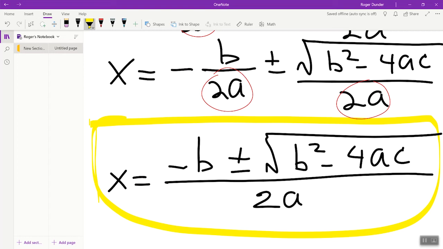One thing I hope you have realized by now is that if this quantity in here, b squared minus 4ac, turns out to be negative, you cannot take the square root of a negative number. Stop and think about it.